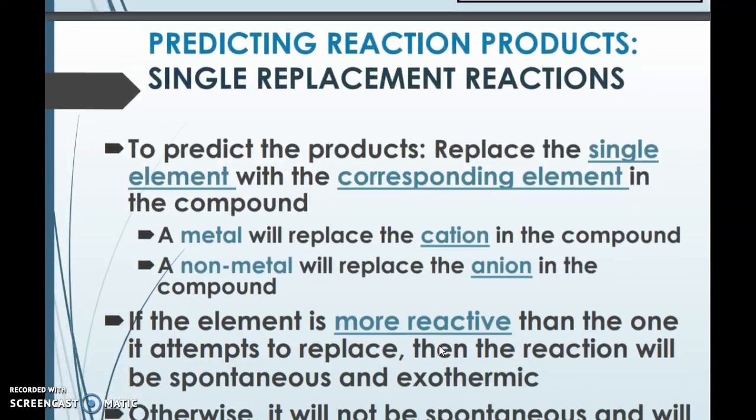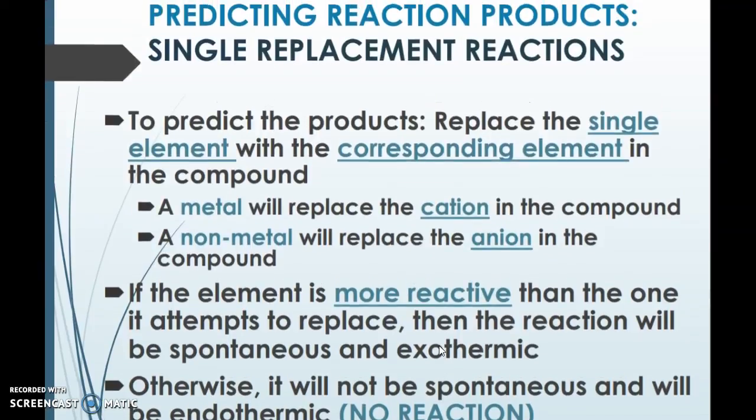So here are your single replacement reactions. When you're predicting products, you're going to replace the single element, the element that stands alone, with the corresponding element in the compound. That means that if you have a cation or a metal standing alone by itself, that is what you're going to replace with the metal in the compound.